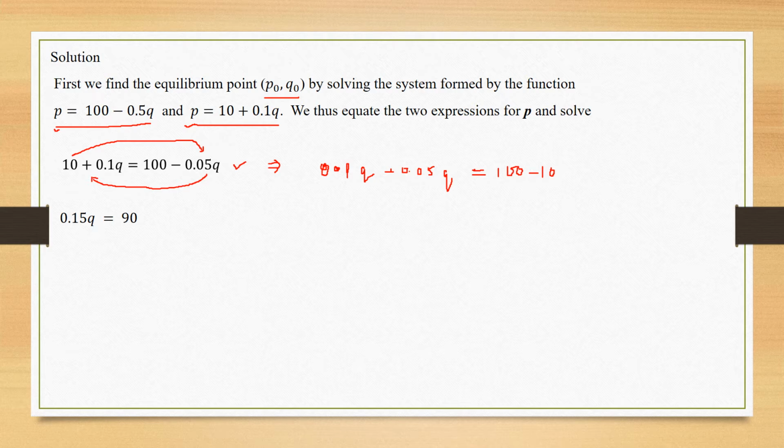We need to find the value of Q, so dividing both sides by 0.15, this implies Q = 90 divided by 0.15.